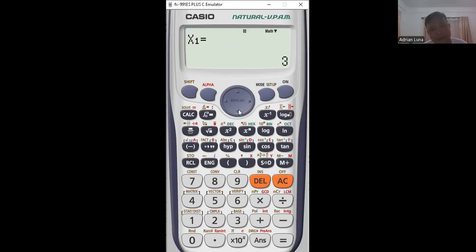So we expect that the other root, or x2, is equal to -2. Yun, tama. Okay, clear lang natin to. And let's proceed with our second example.